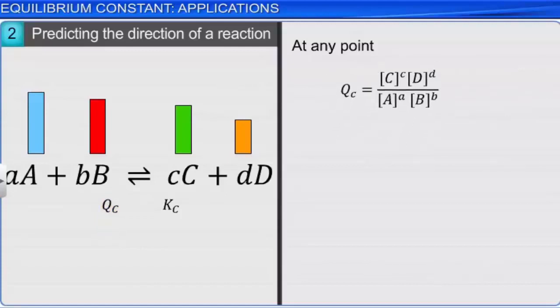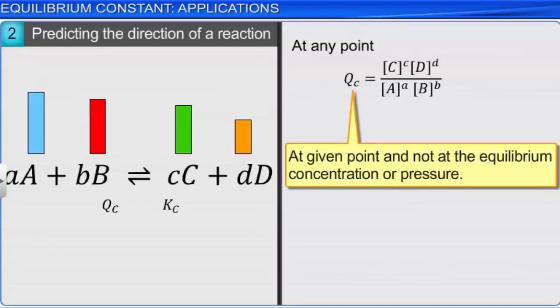The reaction quotient expression has the same form as the equilibrium constant expression for that reaction. However, it is important to note that the reaction quotient is calculated using the concentrations or pressures at a given point of time in the reaction, and not the equilibrium concentrations or pressures.